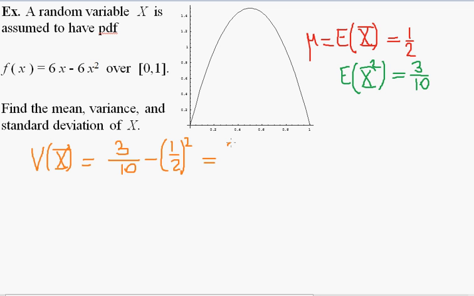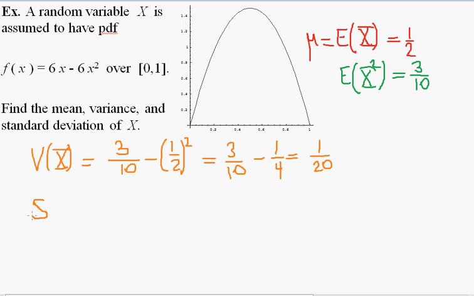So that's going to be 3/10 minus 1/4. And so getting a common denominator of 20, we get 6/20 minus 5/20 makes 1/20. The variance must be positive. If I get a negative number for a variance, I've made a mistake.